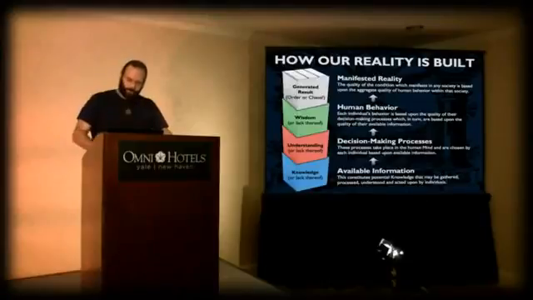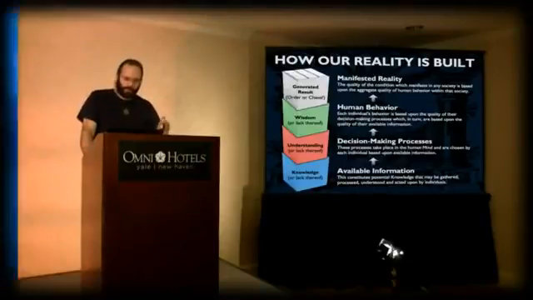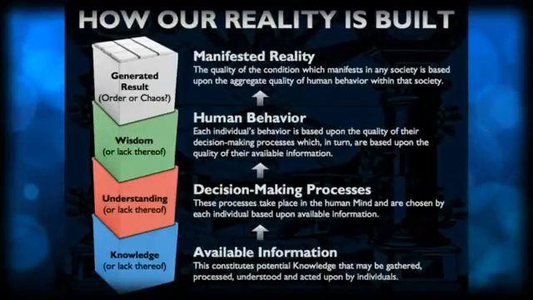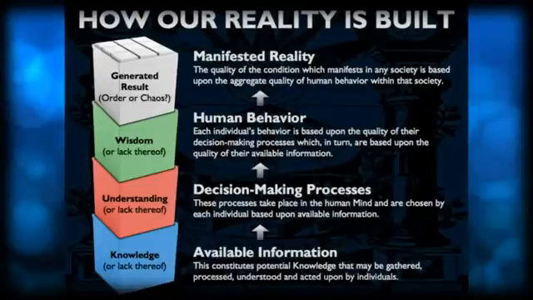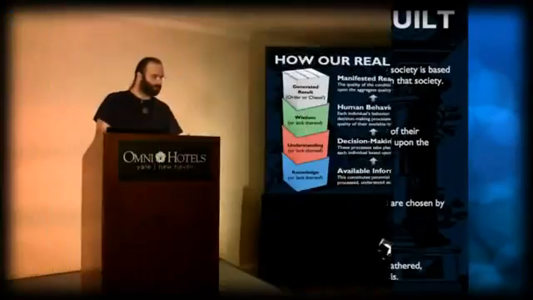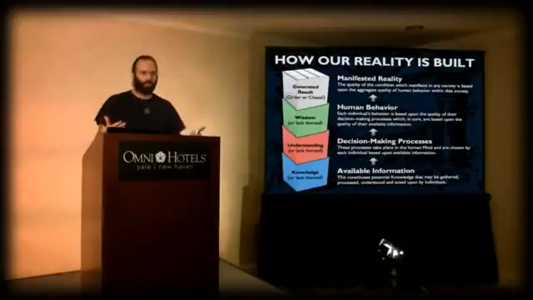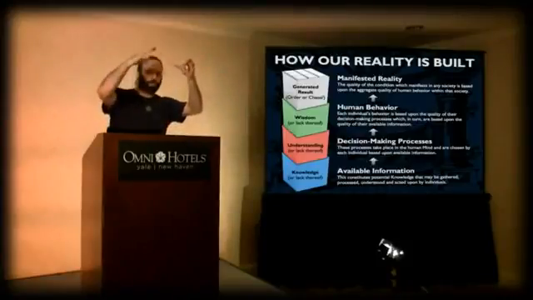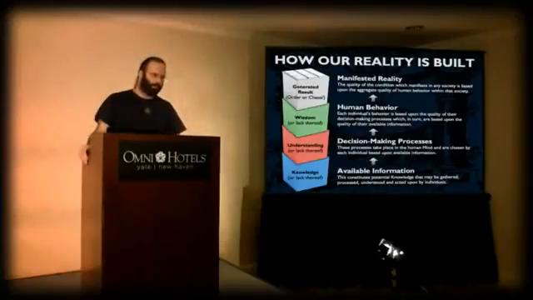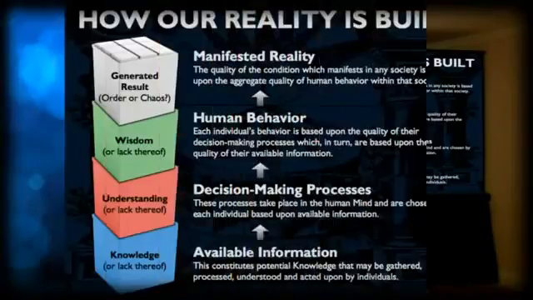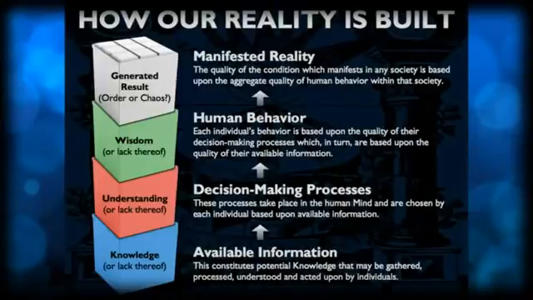So, the manifested reality is based upon the aggregate behavior. Aggregate behavior. No one person is creating the reality we are experiencing. Okay? It's another fallacy of the New Age movement and thinking. In the aggregate, we are creating our shared reality. All the behaviors put together creates the output on the screen, or the generated result. Is it orderly? Is it chaotic?